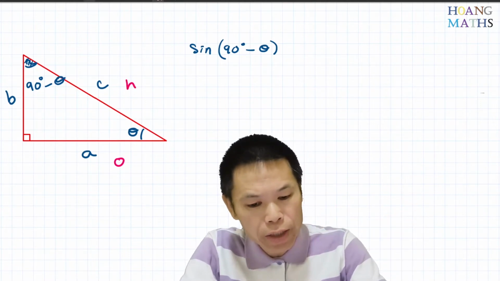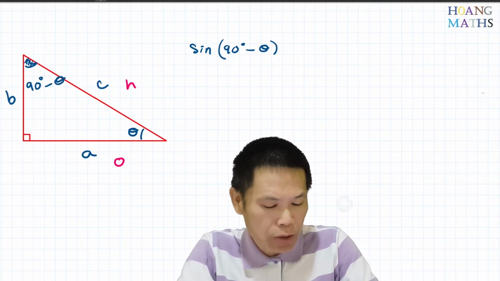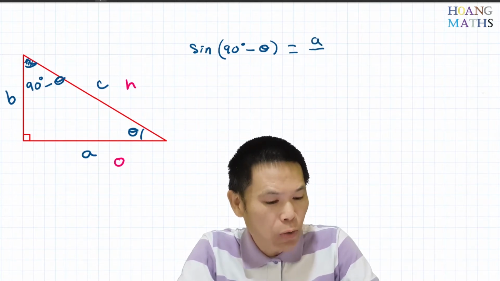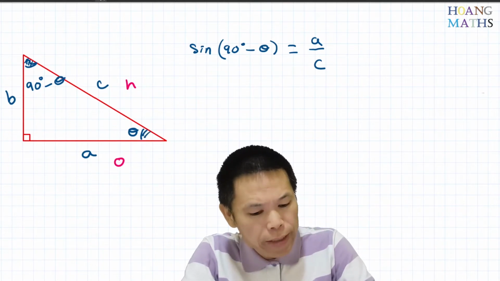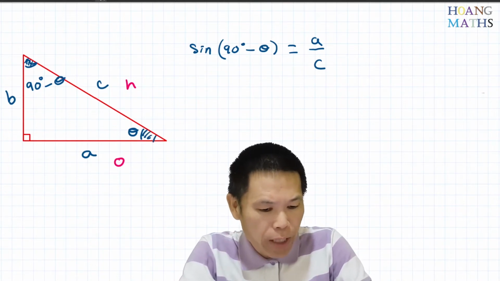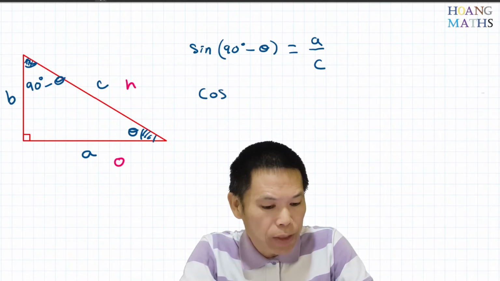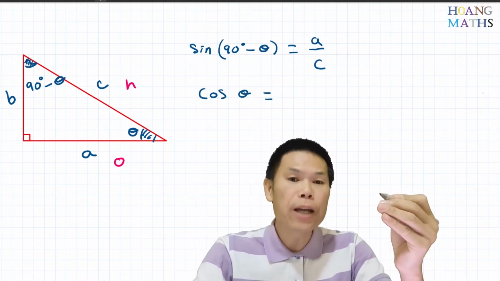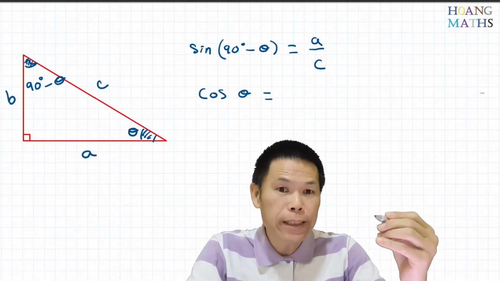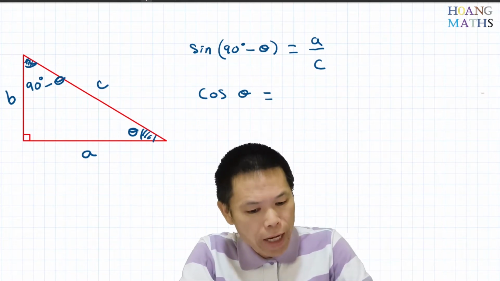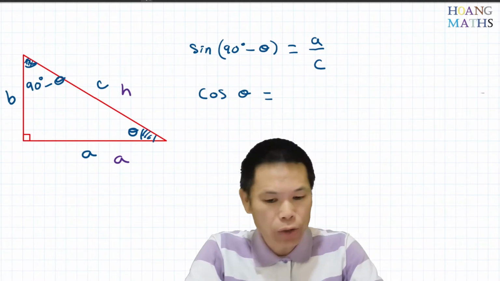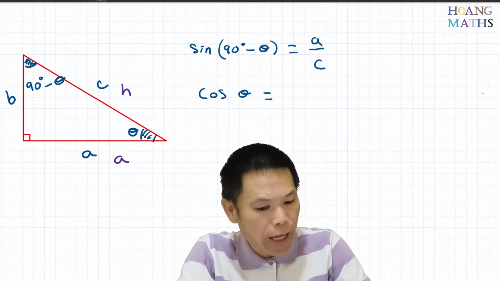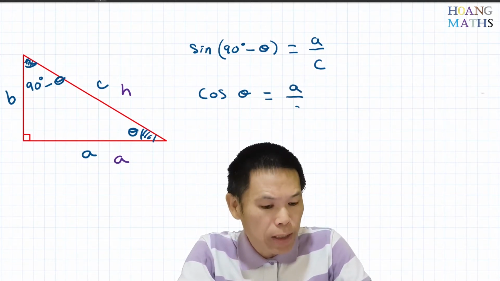So sine is opposite over hypotenuse, which is A over C. But then if we're looking at this angle here, that is cos of theta, which is equal to adjacent over hypotenuse. And this is adjacent and this is hypotenuse from this angle. So therefore, we have A over C.